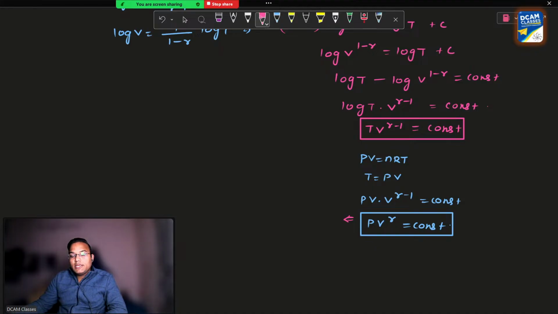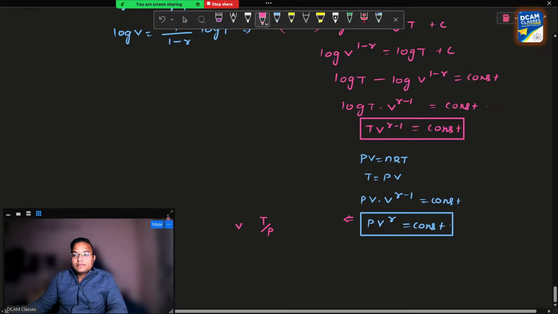V is proportional to T by P, so this relation will become P, T by P whole power gamma is equal to constant. So P power 1 minus gamma, T power gamma is equal to constant. That's your third relation.